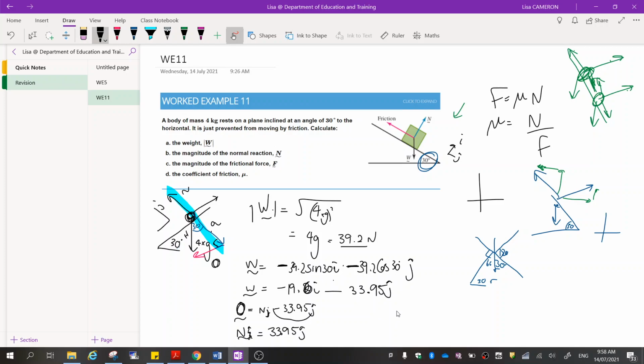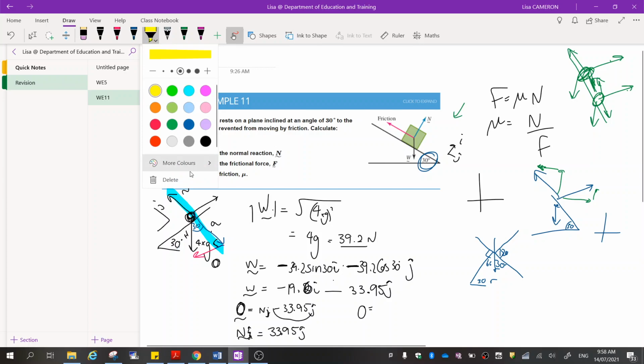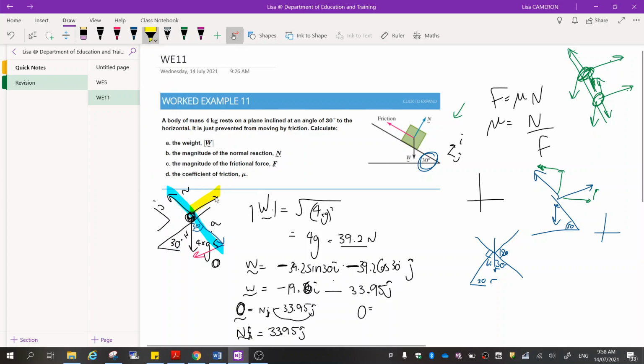Now, let's look at resolving for our frictional force. So 0 is equal to, now we're grouping all of the ones that go in the X direction. So that's this frictional force here, and that's this force here.